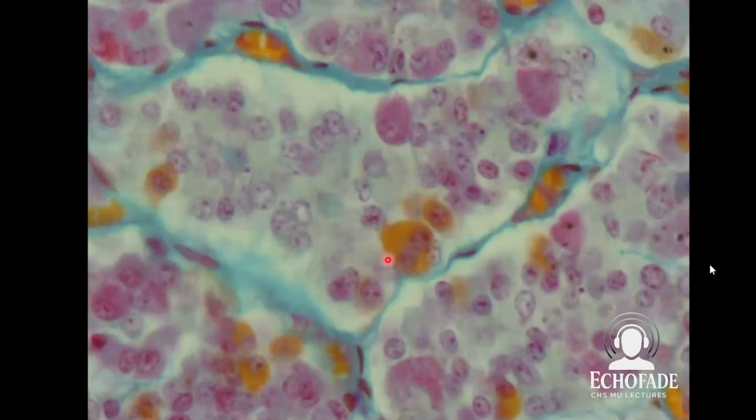In this part, notice the acidophils, and all these are chromophobes. The cytoplasm of the chromophobes is not staining with acidic or basic dyes. And these are the basophils. Here, notice the cells are arranged in a cluster, and in between this, we have the capillaries.